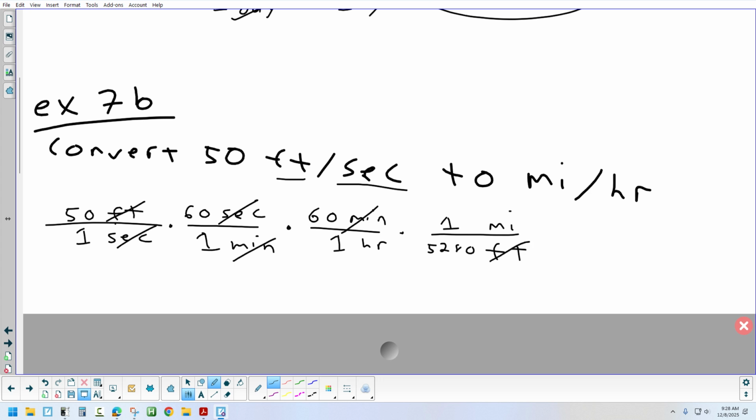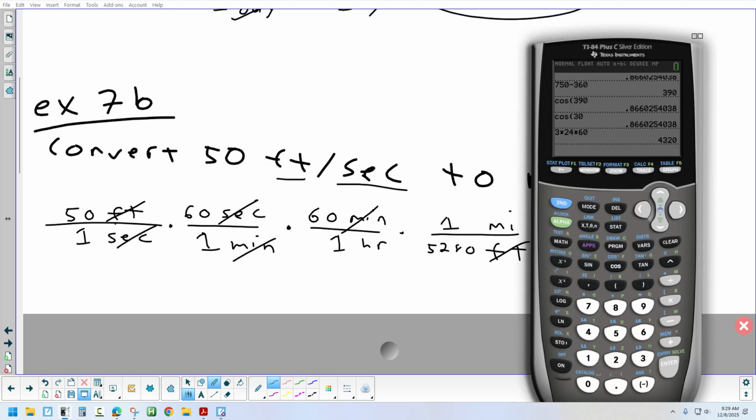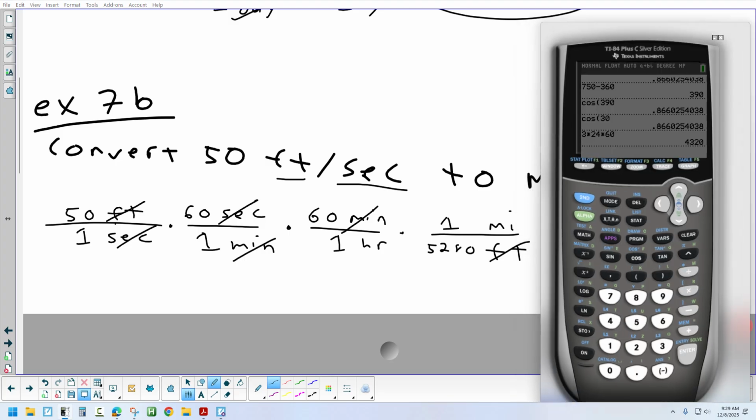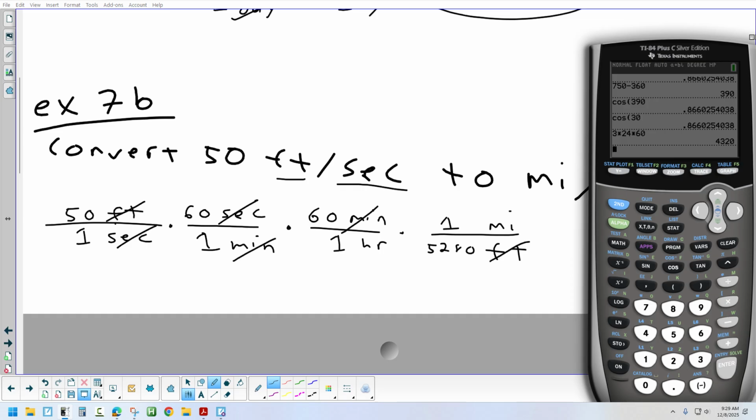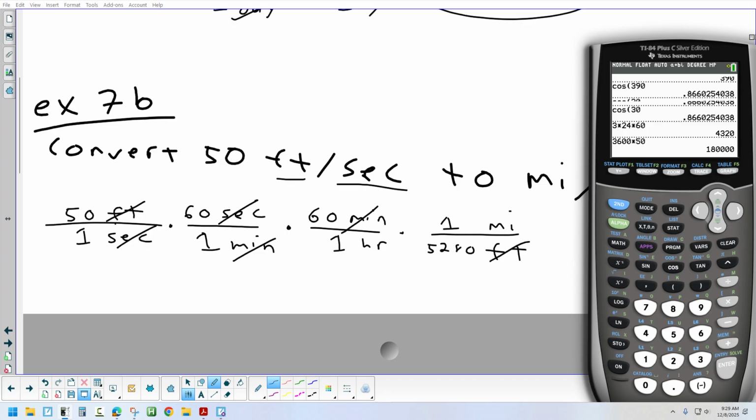This time we did not end up with all ones in the denominator. So we're going to multiply everything in the top together and then divide by 5,280. So 60 times 60 is 3,600 times 50, and then divide by 5,280.